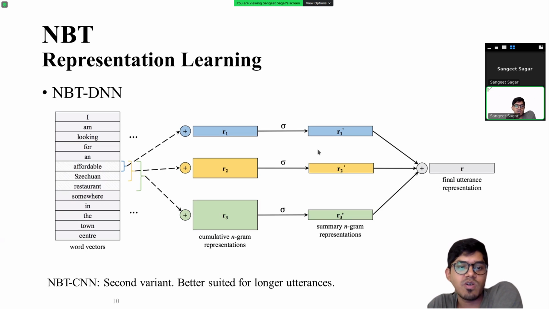So in this illustration, all possible unigrams, bigrams, and trigrams are accumulated to form an n-gram representation, and then they are further mapped using some nonlinear function like sigmoid, and they are summed in an unweighted manner that represents the final user utterance. A similar variant of this prototype is implemented using CNN, where instead of these cumulative n-gram representations, we have convolution filters for each of the n-grams. And this is better suited for long-range utterances.